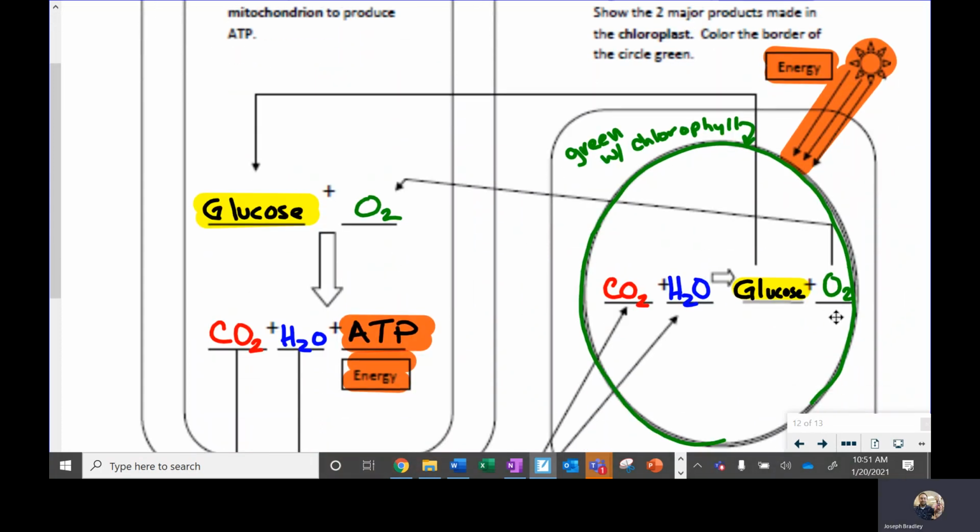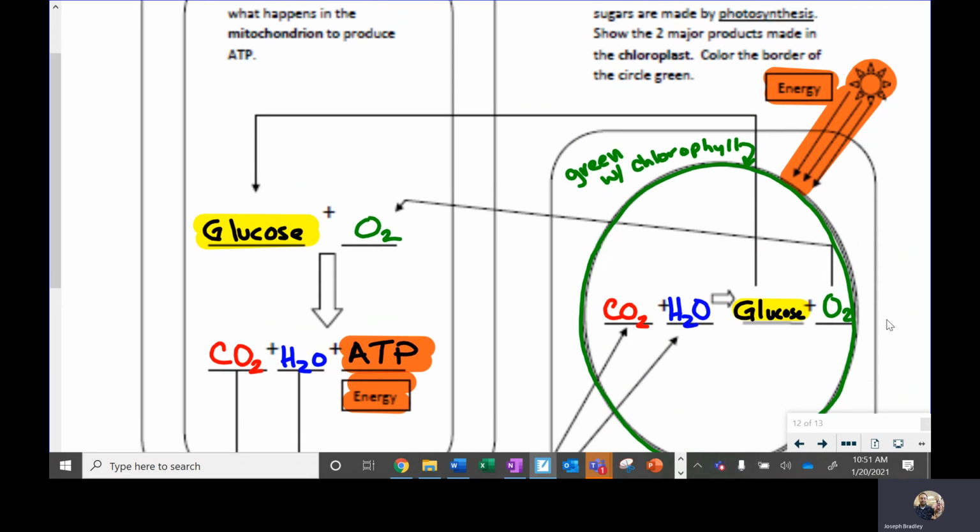So I start off with glucose, and what you should hopefully notice is that these two processes are basically the reverse of each other. The glucose that's produced in photosynthesis is going to be used in respiration. The oxygen that's produced by photosynthesis is used for respiration.